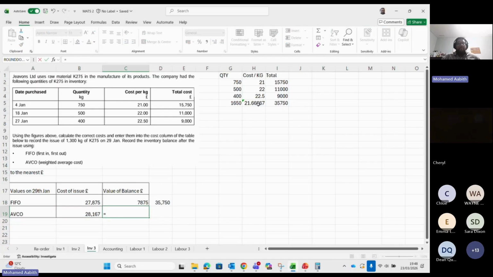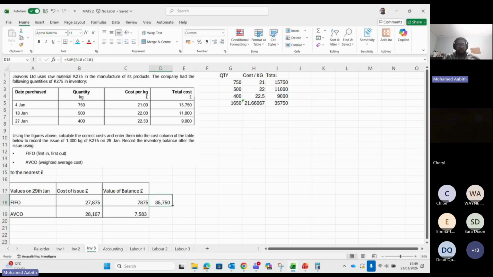It's the same value per inventory times the 350 kilograms we have left over, because we only used 1,300 kilograms, isn't it? So 350 times that number there, and it gives you that. So just get rid of the decimals, use the 1,000 separator.